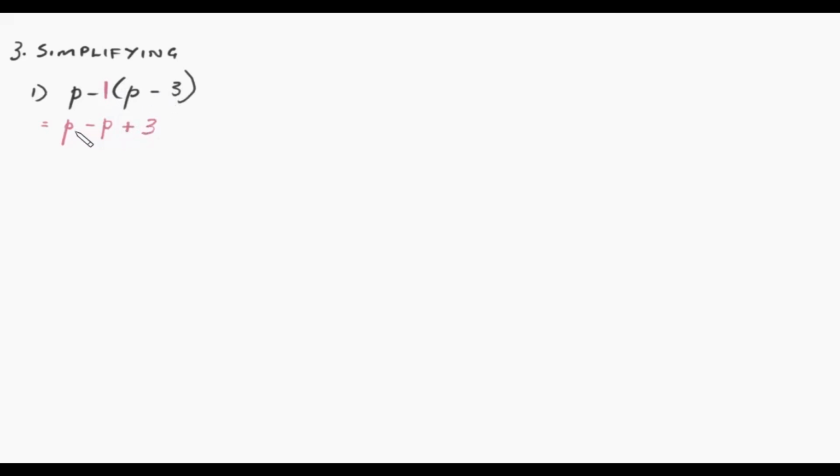So now you have removed the brackets, but this has to be simplified because you have like terms here. This and this are like terms. So p minus p is 0. So ultimately you have 0 plus 3, which is 3. So this expression simplifies to 3. All right? I think it's straightforward.